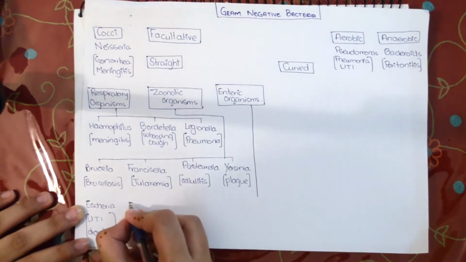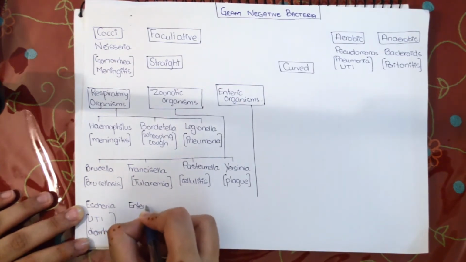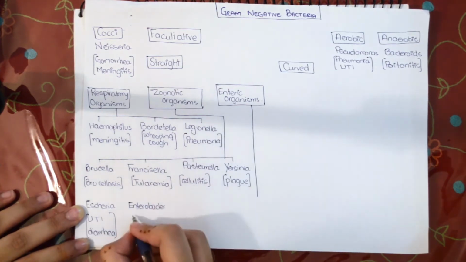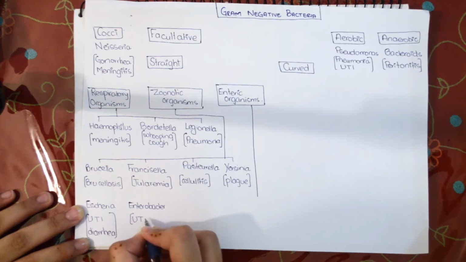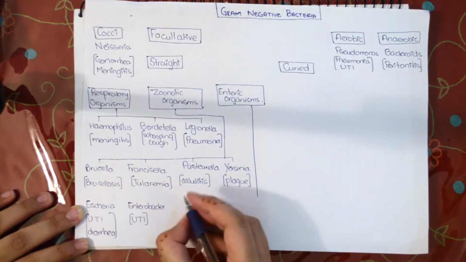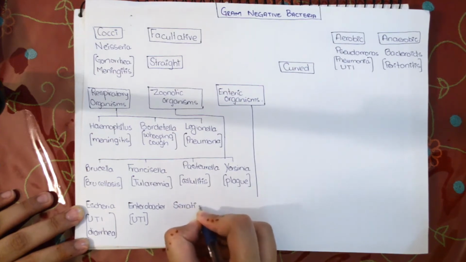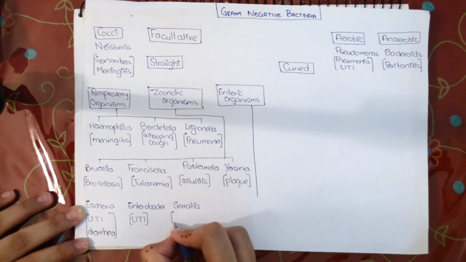Then we have Enterobacter, which causes UTI, that is urinary tract infection. Then we have Serratia, it causes pneumonia.